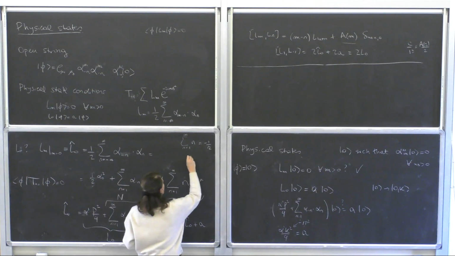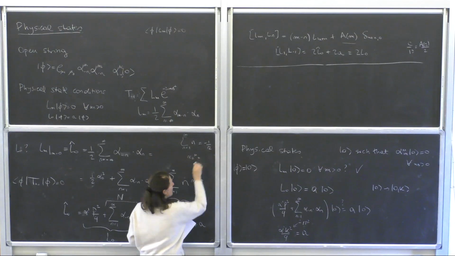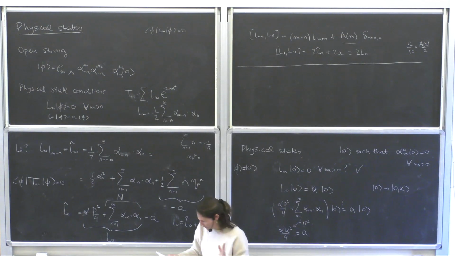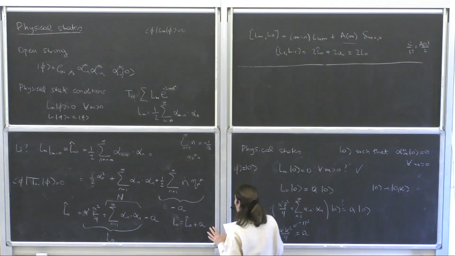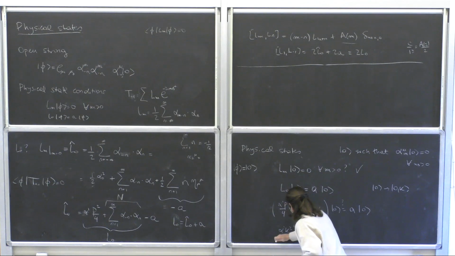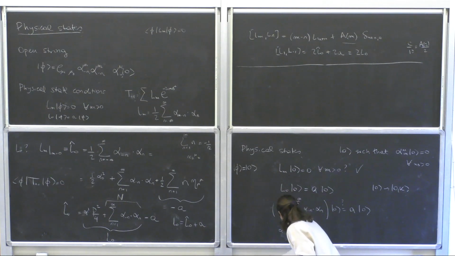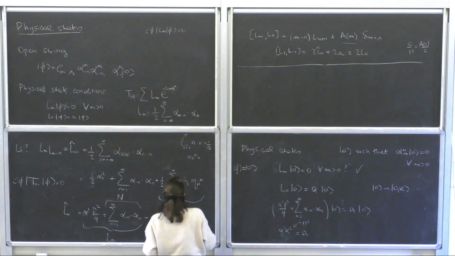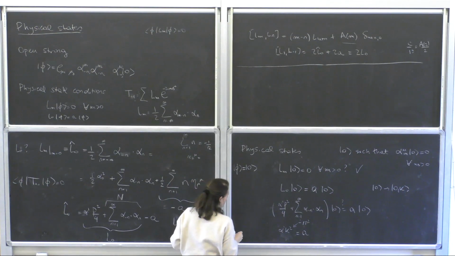I see, alpha 0 is square root of alpha prime times p, and then alpha 0 squared is p squared over 4. Well, I have a factor of 4 wrong, and I don't see where. Let me check where the mistake is. Maybe it's in the definition of alpha 0 mu, which doesn't have the factor of 2.